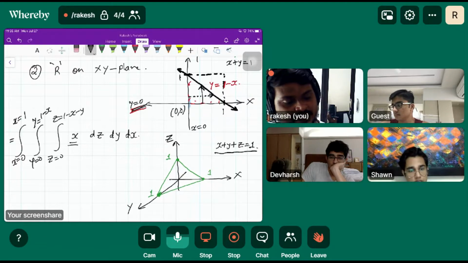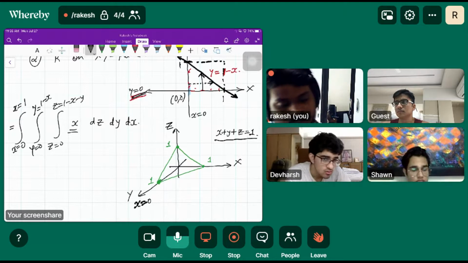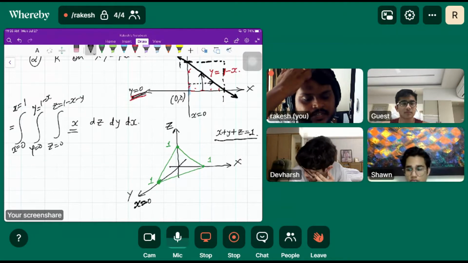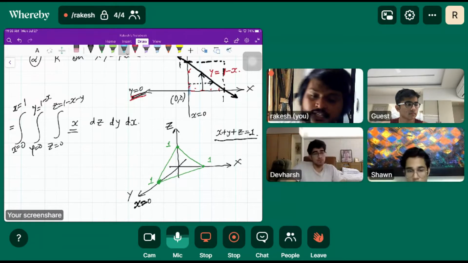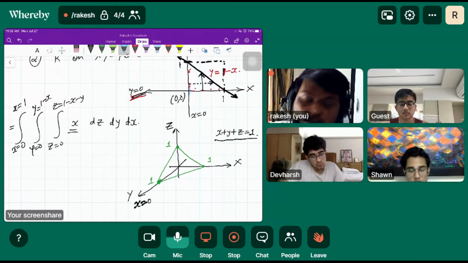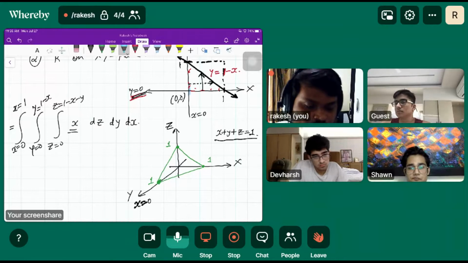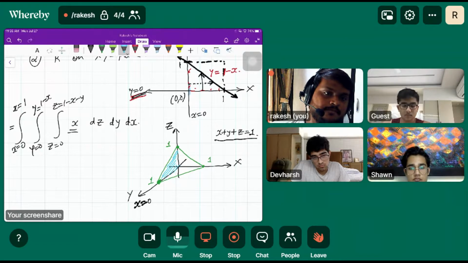It is like a triangle. Our region T is bound by, just read the question, x is equal to 0, which is the yz plane, isn't it?